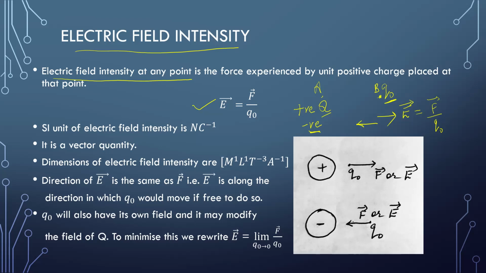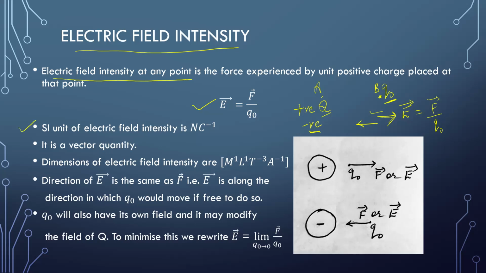Our test charge is nothing but a unit positive charge according to convention. When the source charge is positive, the test charge Q naught is also positive, so there will be a force of repulsion, and that is why the field will be directed away from the source charge, whereas when the source charge is negative, the field direction will be towards the source charge.